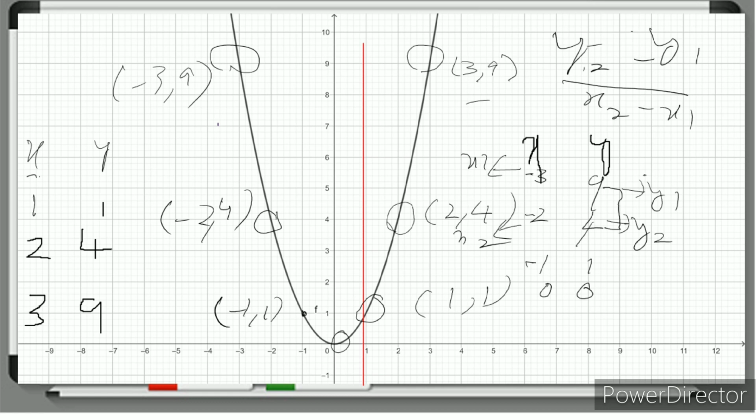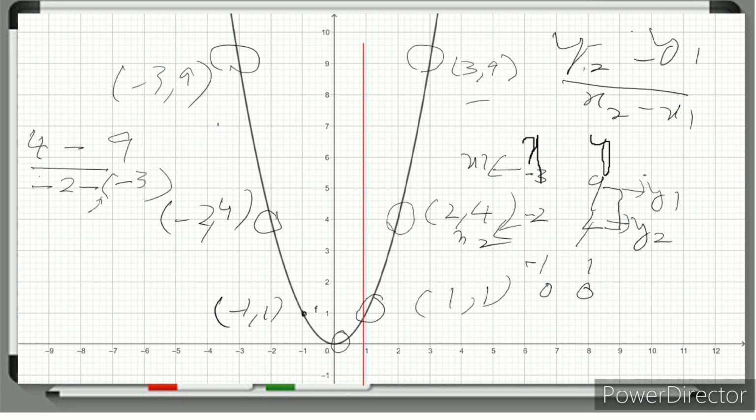So what I will get, I will do it here. Now what is y2, boys? You see here y2 is 4. Is it correct, boys? Just check the values. y2 is 4 minus y1 is 9, divided by x2 is minus 2 minus x1 is minus 3.